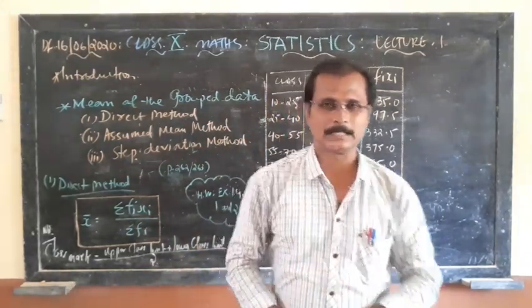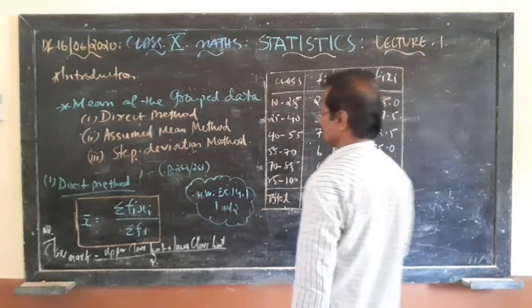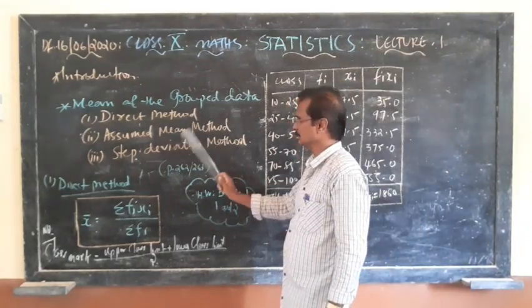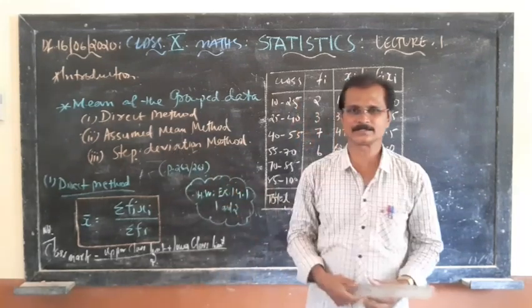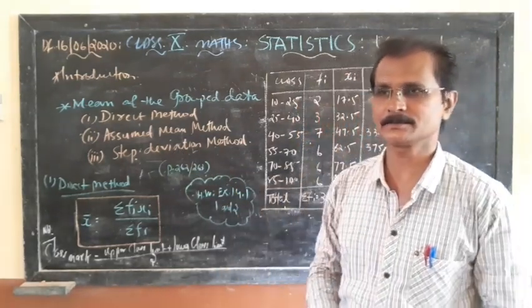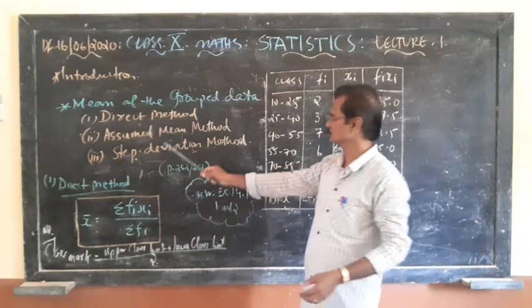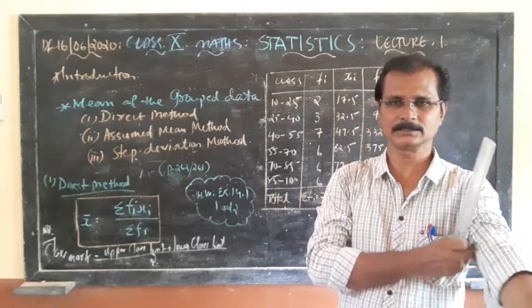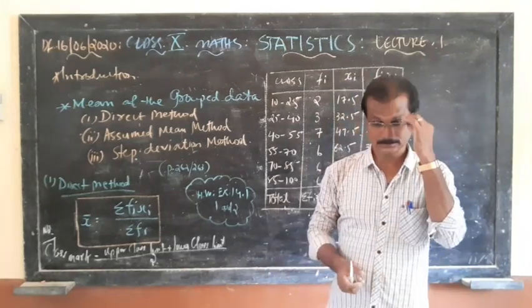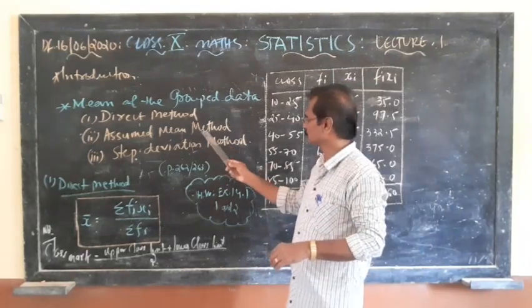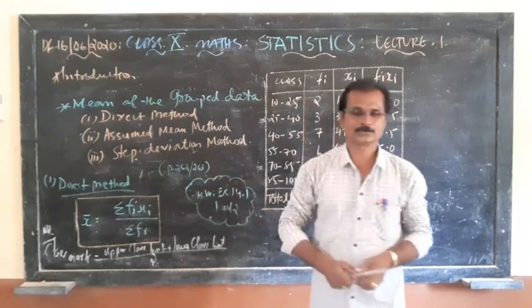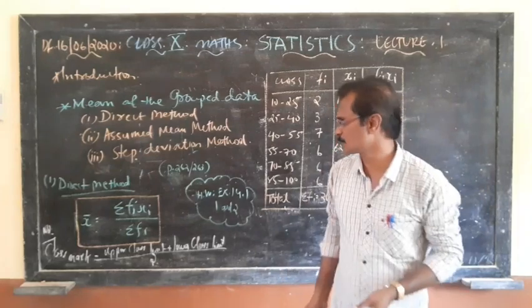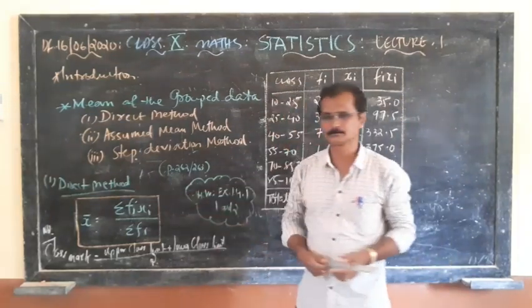There are three methods: direct method, assumed mean method, and step deviation method. Today we learn the first one, the direct method.